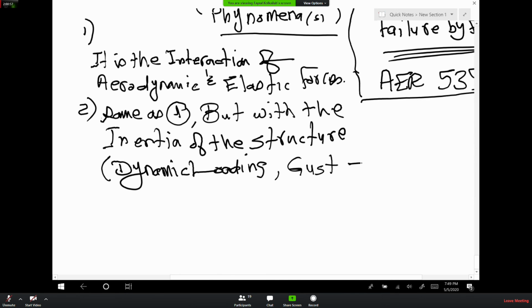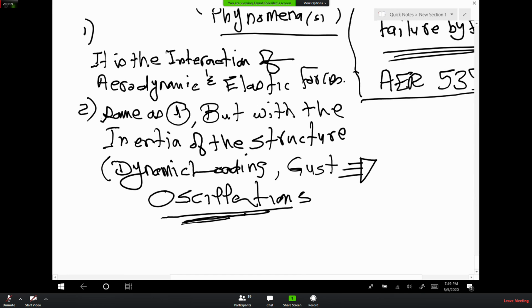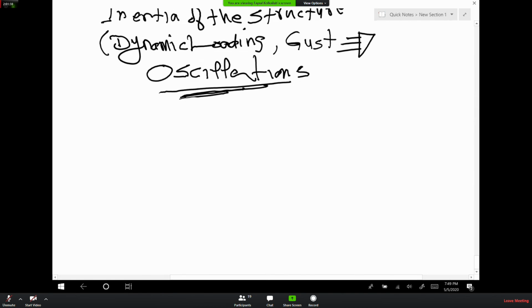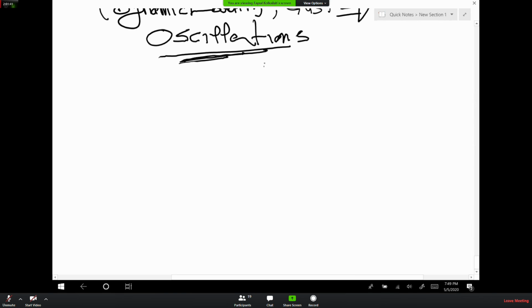And that will badly cause oscillations. So now, under the title of aeroelasticity, we have two situations, one with and one without the oscillation force, the dynamic loading, the structure inertia.